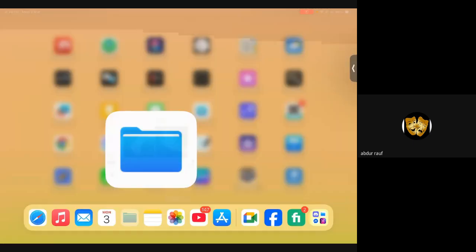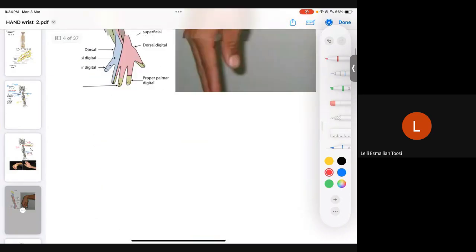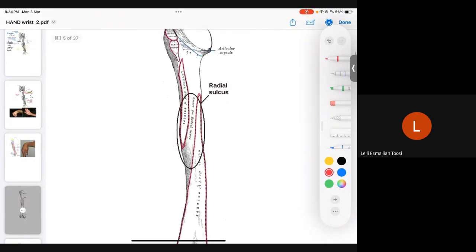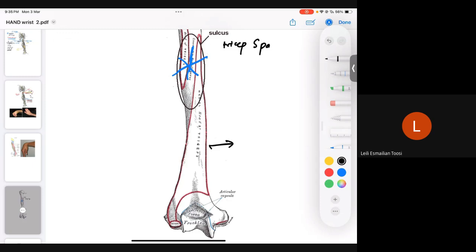So here you guys can see wrist drop. And this is basically the radial groove where your radial nerve runs. You guys can see it here, right? So we can also have a fracture here. If the fracture is here, what happens? The triceps is spared, but the extensor muscles of your forearm are not spared, and you're going to see wrist drop again.